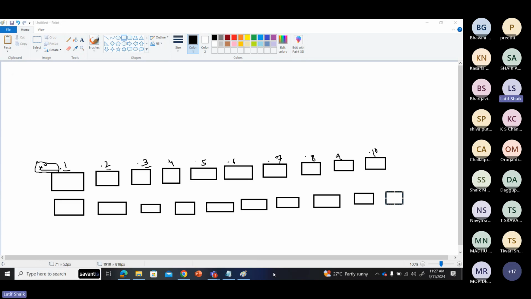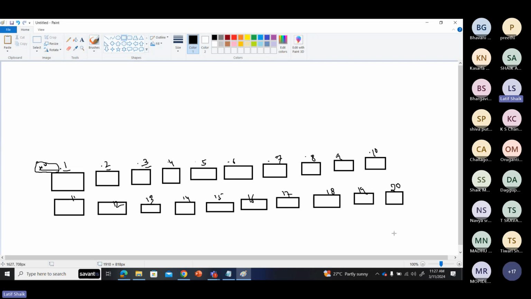Okay, so here it is. What I've done, I keep assigning IP addresses. So that is 10, this is 11, 12, 13, 14, 15, 16, 17, 18, 19. Again, we got 20. Very good. So what is the last one?